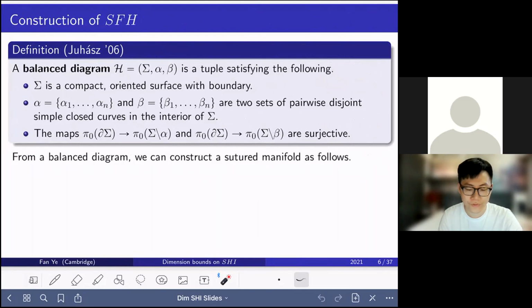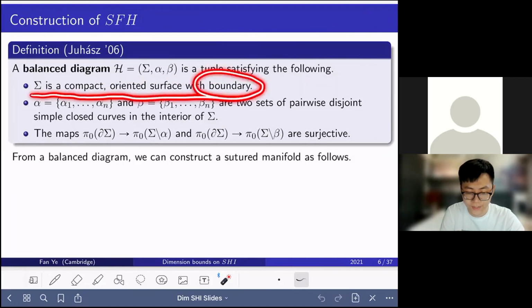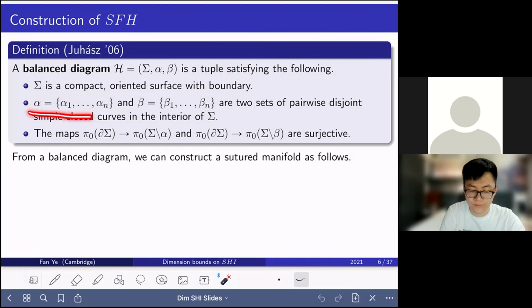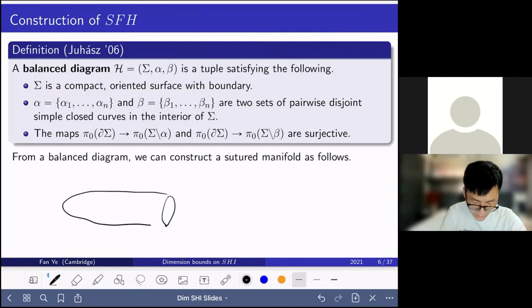So for suture Floer homology, we at first need a balanced diagram. The balanced diagram is introduced by Juhász, and it is a tuple satisfying the following conditions. So sigma is a compact oriented surface with boundary, and alpha and beta are usual curves such that it forms kind of a Heegaard diagram. So from the balanced diagram, we can construct our original balanced suture manifold.